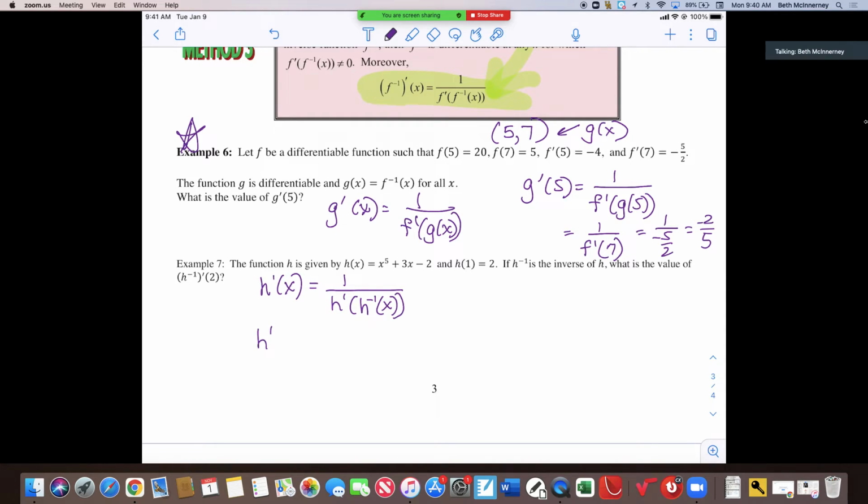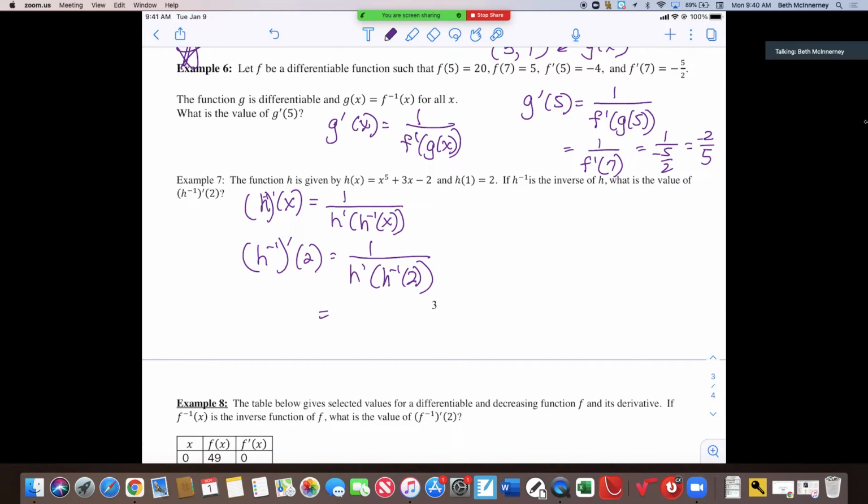So this would be h, the inverse, right? That was h inverse of x. This would be 1 over h prime of h inverse of 2.